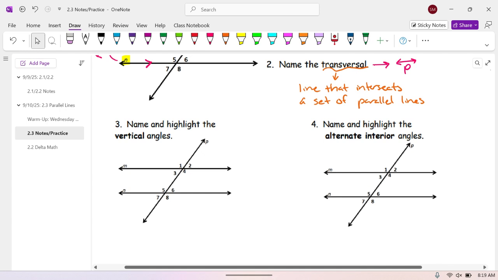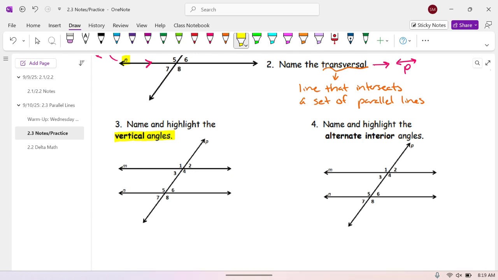First things first, we're going to name and highlight the vertical angles. We talked about this in 2.1. What is a vertical angle? How do I know if two angles are vertical to each other? They're diagonal from each other.